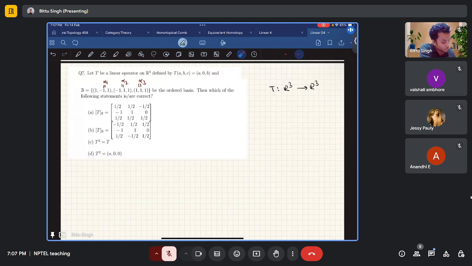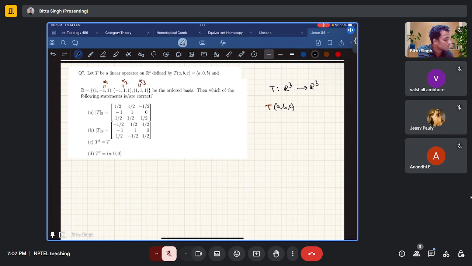So back to this question here, the ordered basis B is given: alpha 1, alpha 2, alpha 3, and the question is which of the following statements is correct. So we need to see what is the transformation T with respect to this ordered basis. So again we first see the transformation T with respect to the old basis.